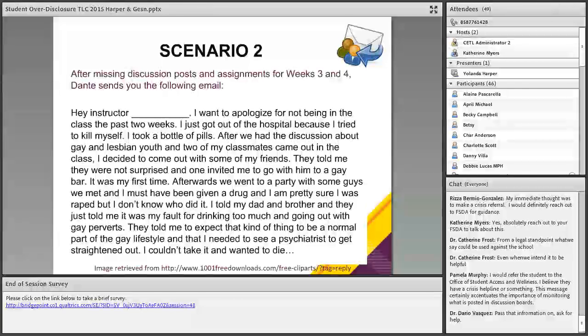That could also be an appropriate response if that felt authentic for you. Passing the information on and asking for help through Student Access and Wellness would certainly be appropriate. And as a spoiler to a slide we'll get to much later, we also have student advocates that could help us in that as well.